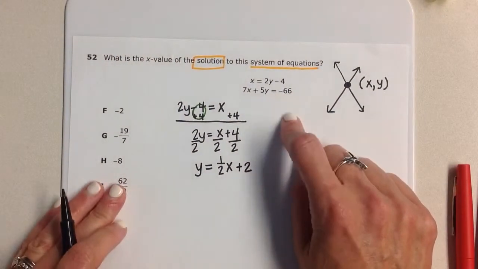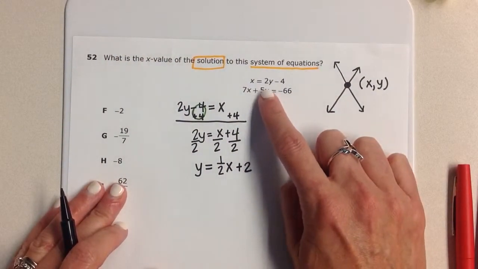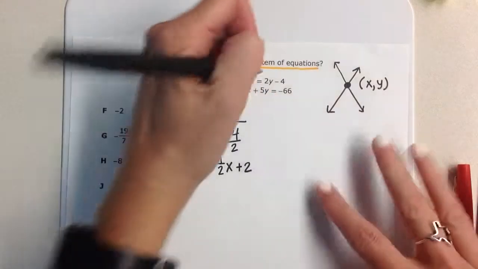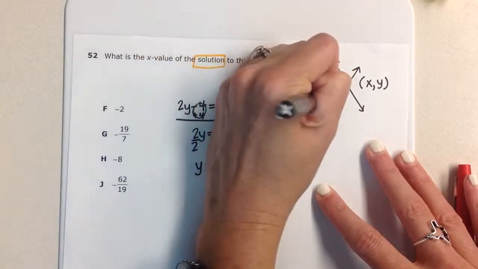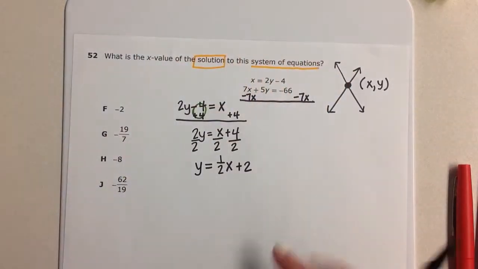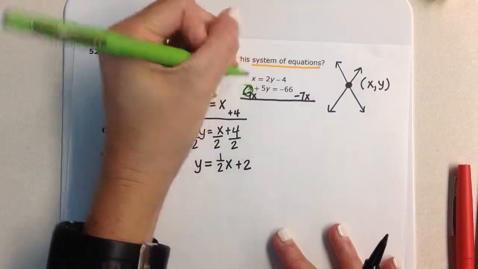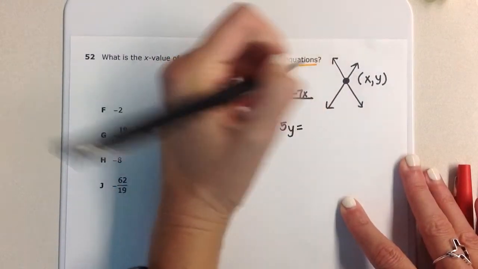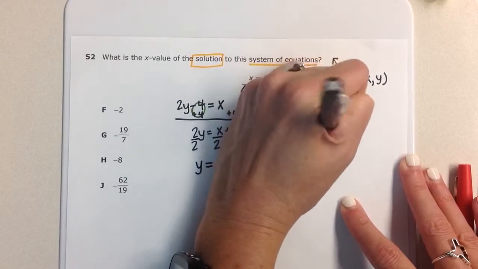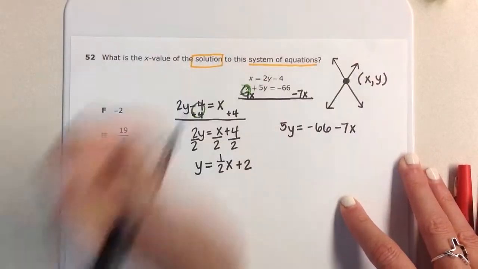But I have to rearrange the second equation as well. So remember, I want to get y equals, so I'm going to subtract 7x from both sides. And that 7x is now going to be 0 here because it moved to the other side. So now I'm left with 5y is equal to negative 66 minus 7x.